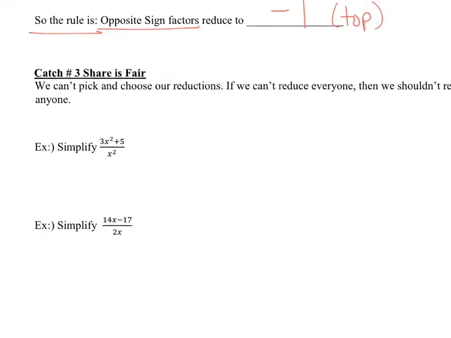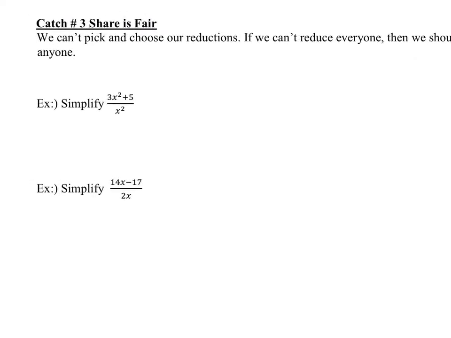Okay, share is fair. We discussed this already a little bit, but the basic idea is if I don't have any factors, if I can't factor this or factor this, we're done. Okay, 3x squared plus 5 over x squared. Neither one of those can be factored. And remember, I can't divide the x squared into that 5 also. So I can't factor, so nothing can happen.